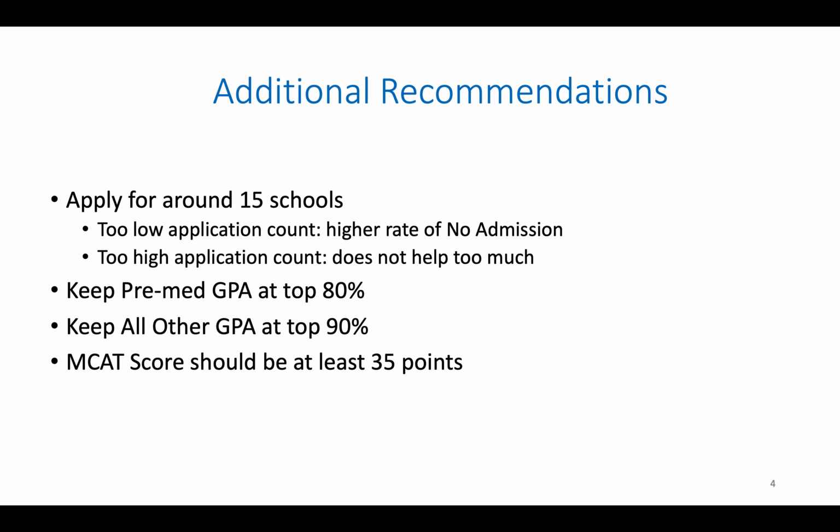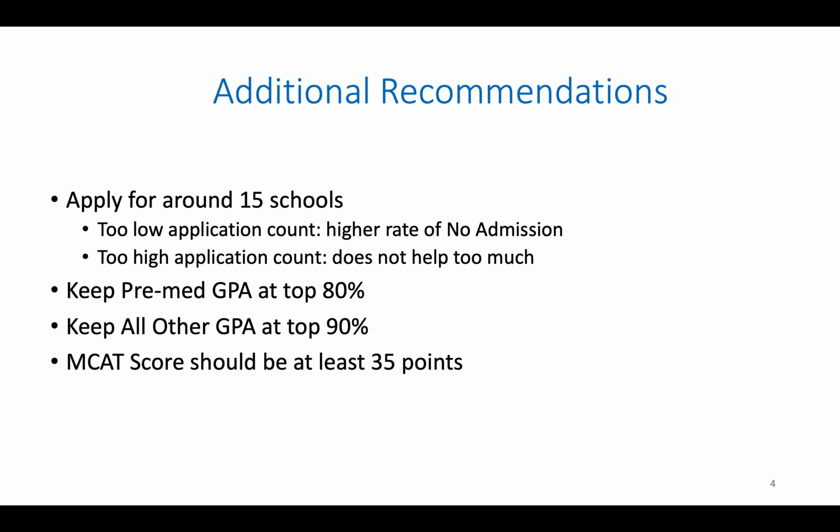As for additional recommendations, I think the students should apply for around 15 schools, because if they apply for a very small amount of schools like 3 or 4, the rate of no admission will be very high, and they also don't need to apply for too many schools like 40 or 50.